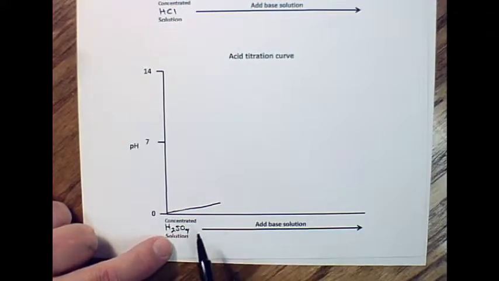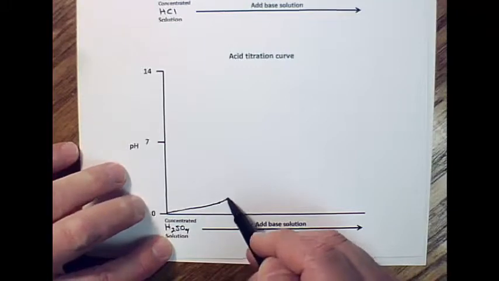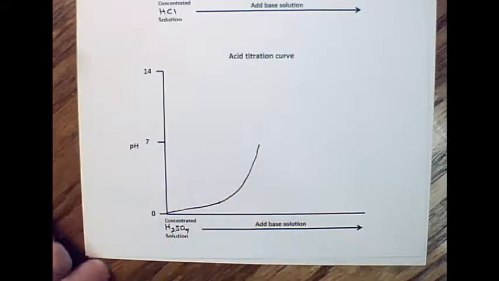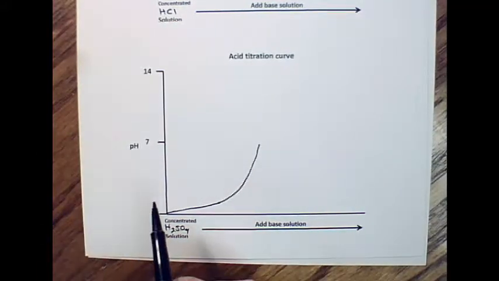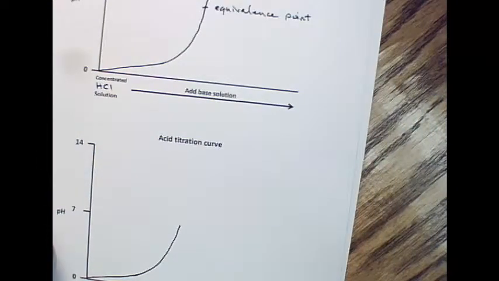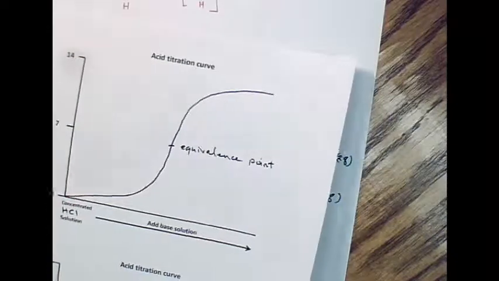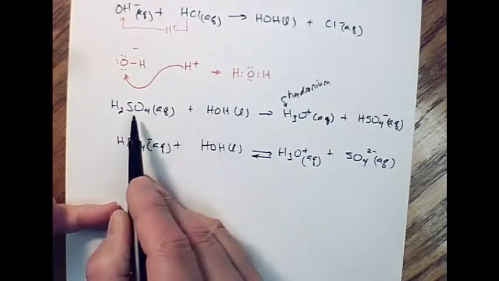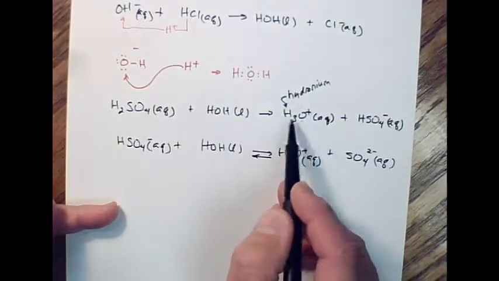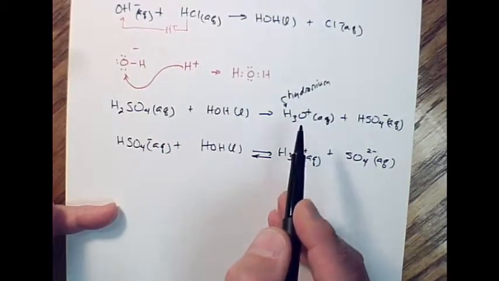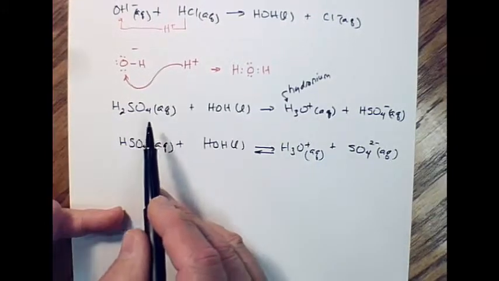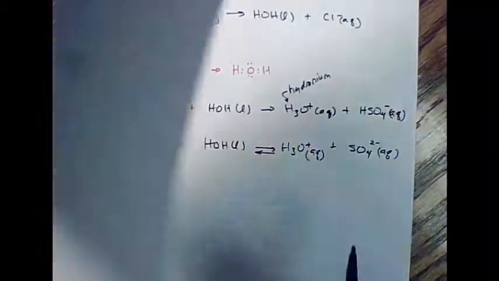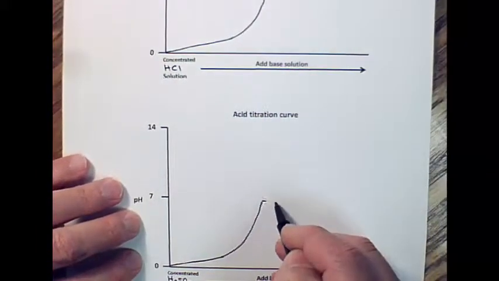As we add more and more base to the solution, and we're using up those hydrogen ions, there'll be a point where the number of hydrogen ions is equal to the number of hydroxide ions in the solution, but that point is for only that first hydrogen leaving. Okay? So we're looking at the point where this stuff is dissociating, making this, and there's an equal number of these hydroniums and hydroxides in the solution, but from this dissociation, not from this one. And so we have an equivalence point here.